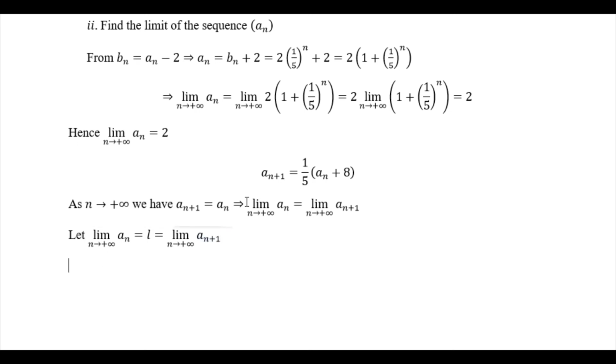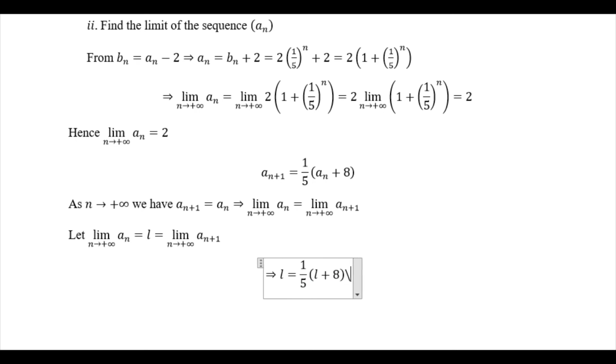So computing the limit on the left hand side, we are just going to have L. Now computing the limit on the right hand side, you're going to have 1/5 into L plus 8.